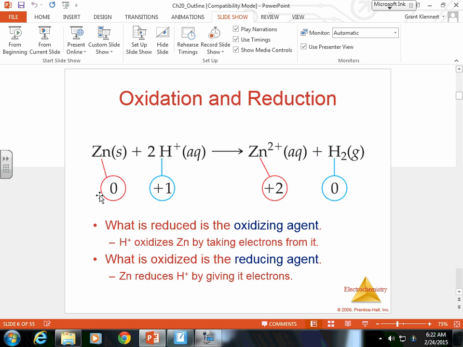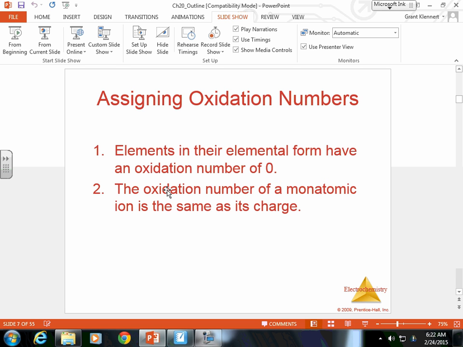Therefore, zinc is the reducing agent. And hydrogen, since it is gaining those electrons, or is being reduced, is called our oxidizing agent. They kind of flip-flop. It's very similar to acid, conjugate base, base, conjugate acid that we've talked about in the previous chapters.